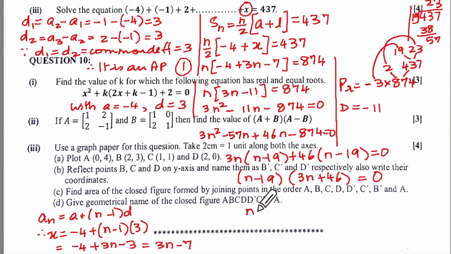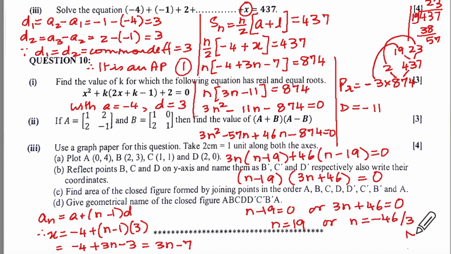So I will have n minus 19 equal to 0, or 3n plus 46 equal to 0. So n is equal to 19, or n is equal to minus 46 upon 3, which will be not applicable since n cannot be negative.